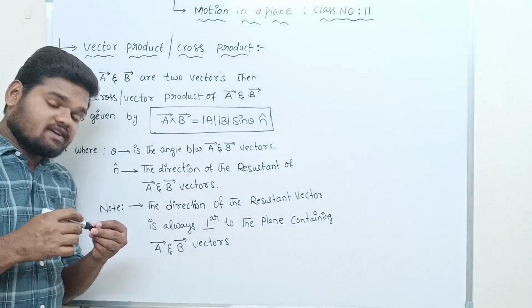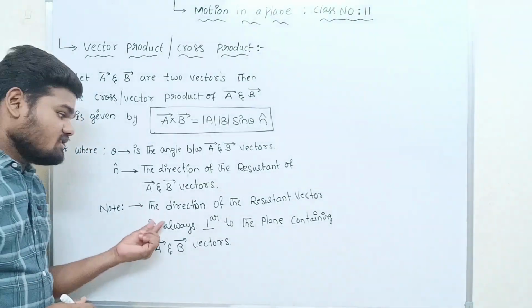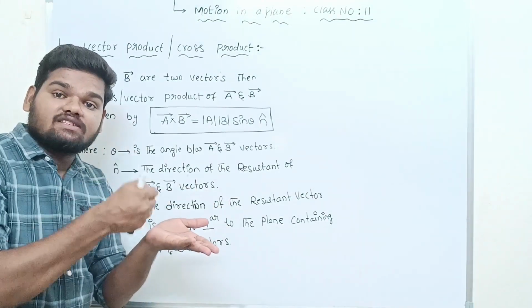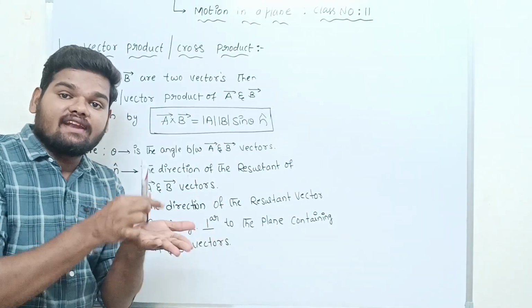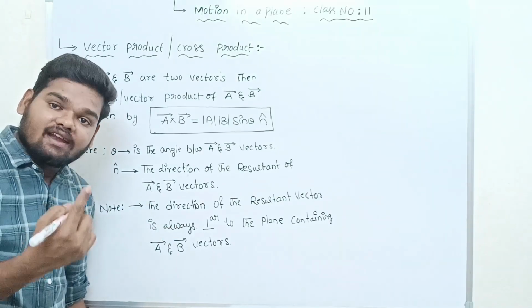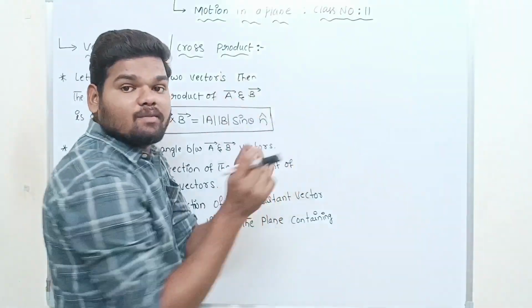So what is the direction of the resultant vector? It is always perpendicular to the plane containing a bar and b bar vectors. Are you getting any doubts? Okay, I will explain in the form of a diagram.